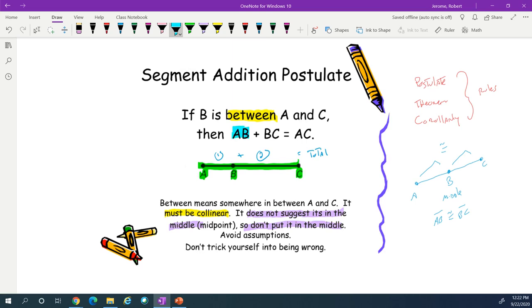Segment AB plus segment BC equals segment AC. Now again, all 3 points have to be collinear, so the two little segments have to follow the path end to end. You can't change direction. And here we have our segment addition postulate, or the rule for adding two little segments to make a big one. And that should make pretty good sense.